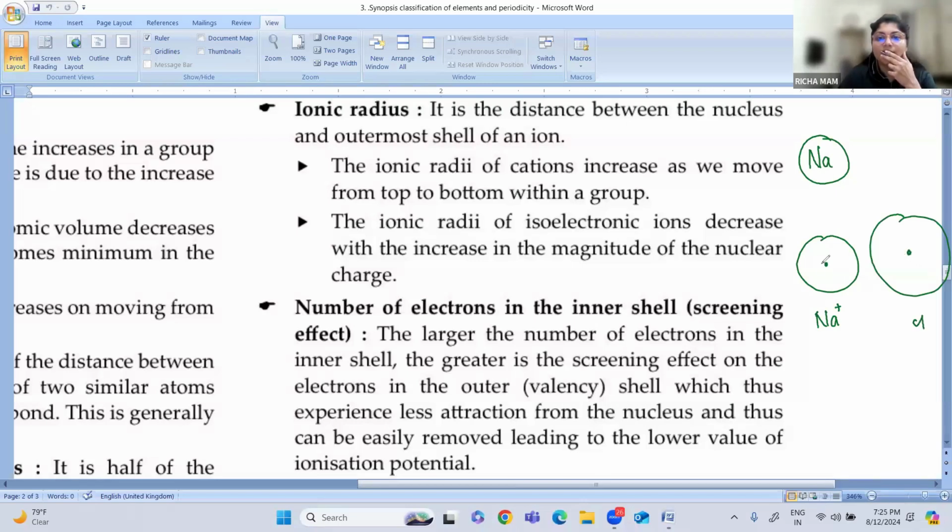It is the distance between the nucleus and the outermost shell of an ion. This is called the ionic radius. As you go from top to bottom, it will increase. As you go from left to right, it will decrease. So this is about your ionic radius.